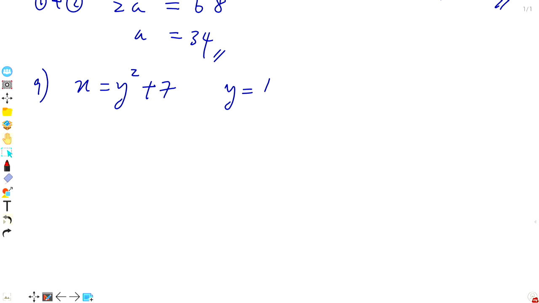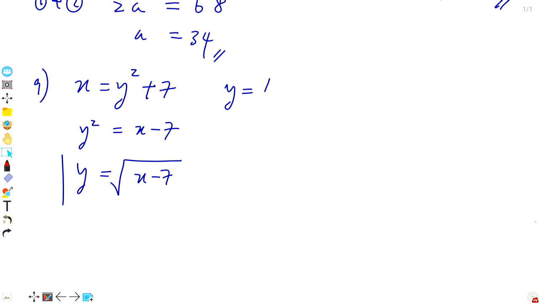So if you have that y squared, you write y squared is equal to x minus 7. So y is equal to square root of x minus 7. Right? Square root of x minus 7.